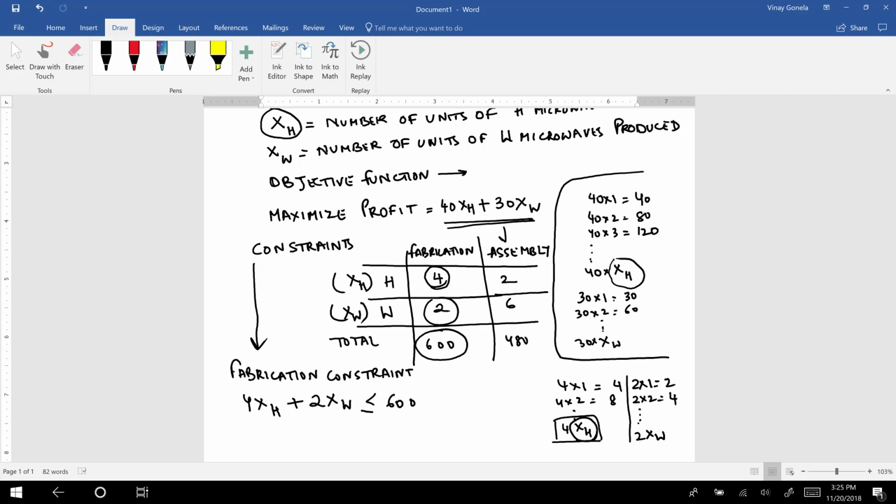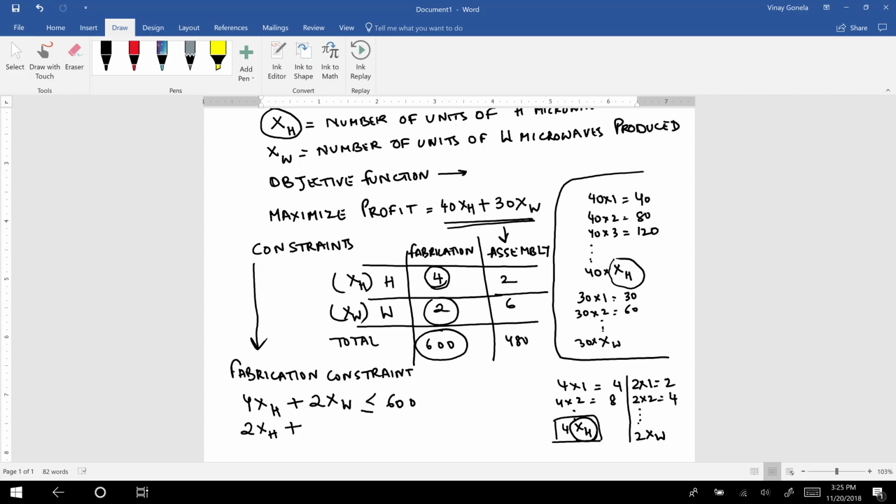Similarly, if you take assembly, 2 hours it will take to assemble 1 unit of H microwave. So 2 times XH is the time taken for H microwaves.